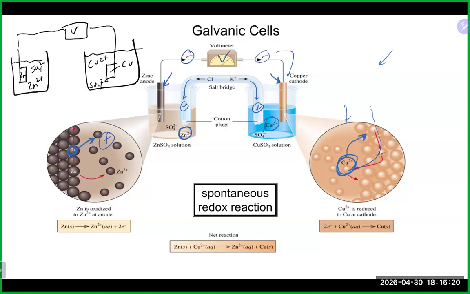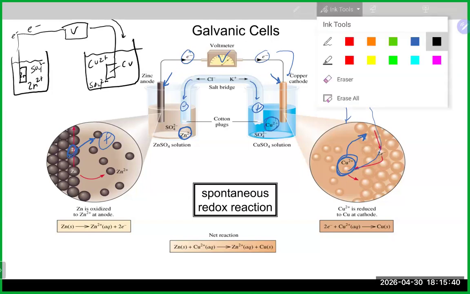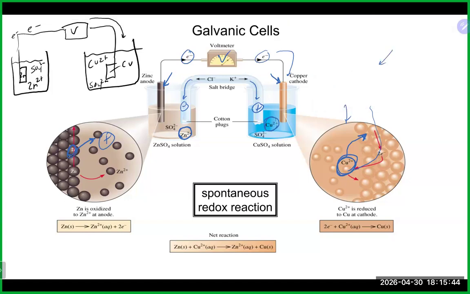So the idea here is if I pull the salt bridge from it, these electrons will travel to the other side, right? As they travel to the other side, and as this electrode loses electrons, on our left-hand side of the compartment we're going to get a lot of zinc ions into that solution, which are positively charged.